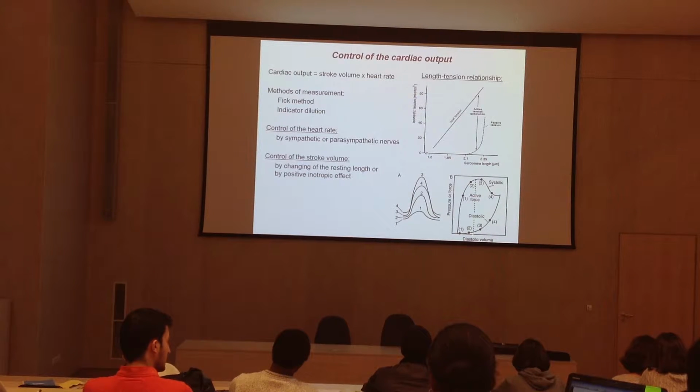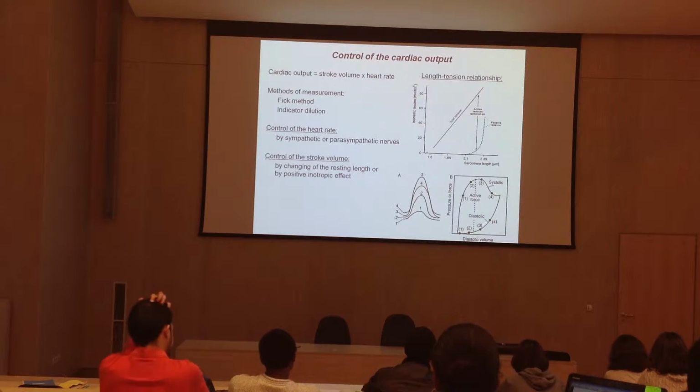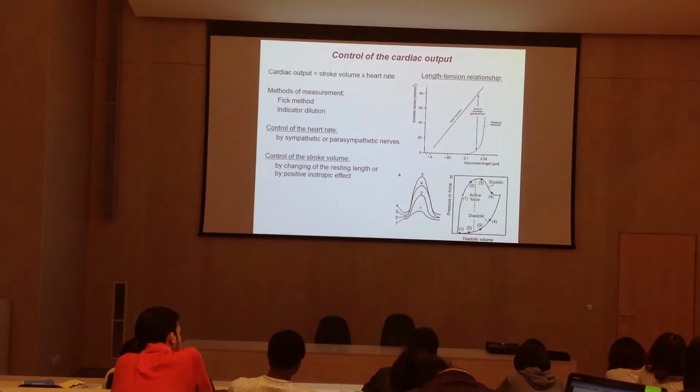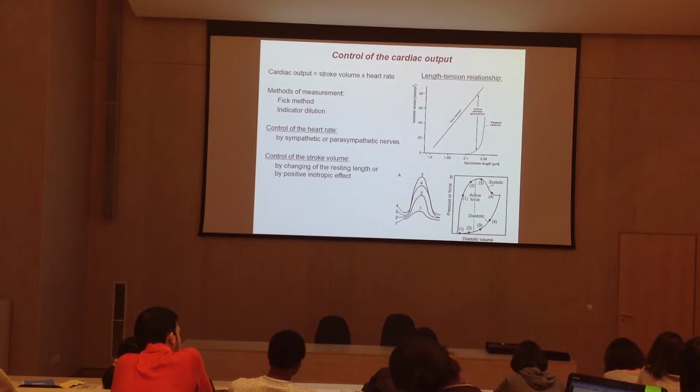This is the first, second, third position. This is the diastolic pressure. In other words, it is the passive tension due to the filling of the ventricle. And this is the active tension, the systolic tension, at the end of the systolic response. Therefore, the difference between them is the increase in the contractile tension.